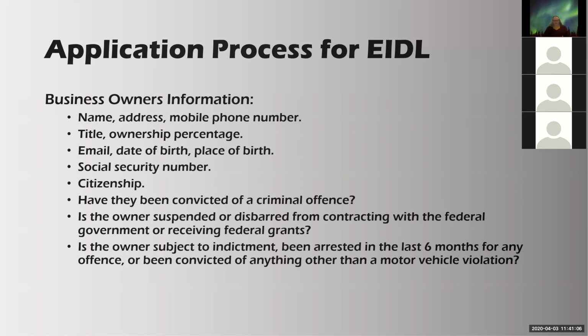They're asking for the name, address, and their mobile phone number. I found that interesting because normally they ask for just a phone number. This one, they want your mobile phone number. Your title and the ownership percentage of the business, email, date of birth, and place of birth, which is really interesting because they've never asked for that one.